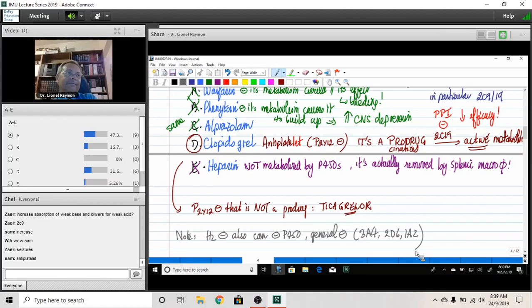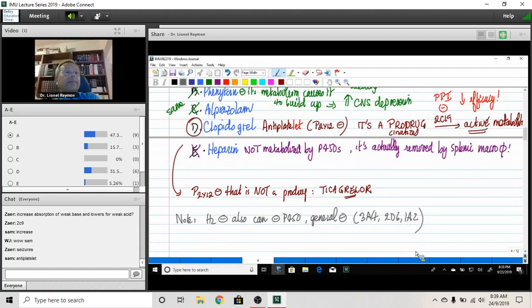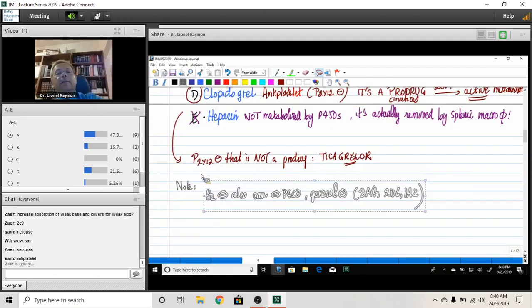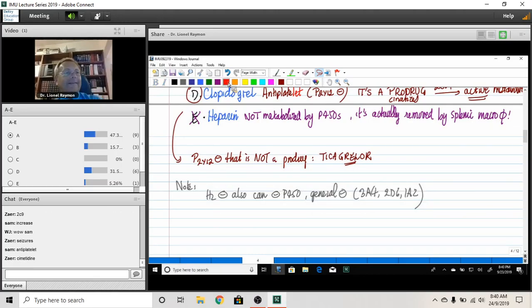There's only one H2 blocker, that's why we don't use it, but it's a prototype. What would be the H2 blocker to worry about? Zahir, well done. Cimetidine. Huh? Cimetidine.